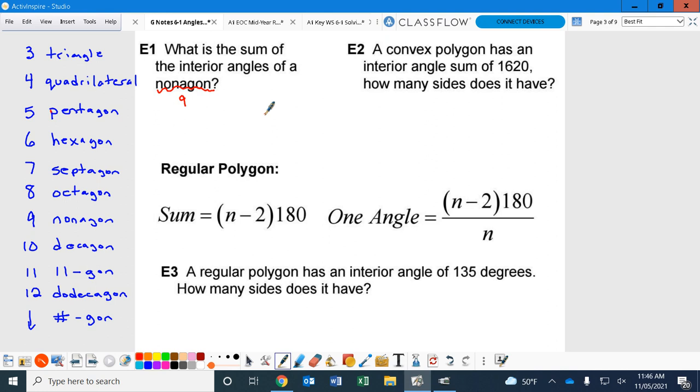Okay. Now, 11 does not have a special name. Listen to me. 11 does not have a special name. It is literally the number 11 and a dash and G-O-N. There aren't many things with 11 sides on them, so you're not going to see that very often. The next one is 12. It's the last one that has a special name, and that is a dodecagon.